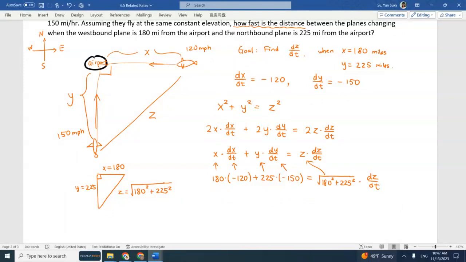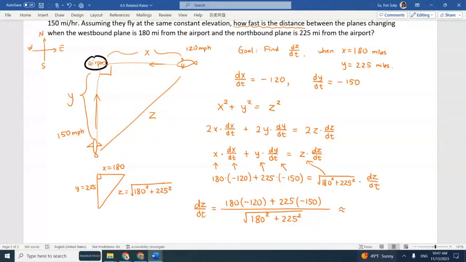How do we solve for dz dt? We want to solve for dz dt. How do you carry this out? Both sides divide. Yes, everybody? Both sides divided by that. So dz dt is 180 times negative 120 plus 225 times negative 150, all over the square root of 180 squared plus 225 squared.